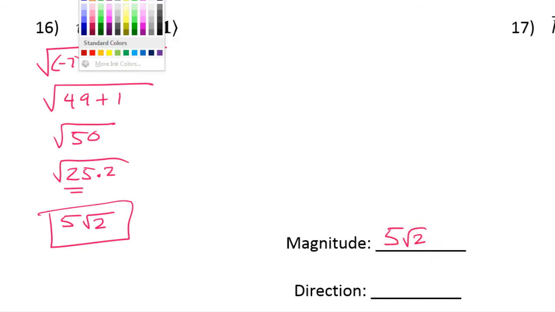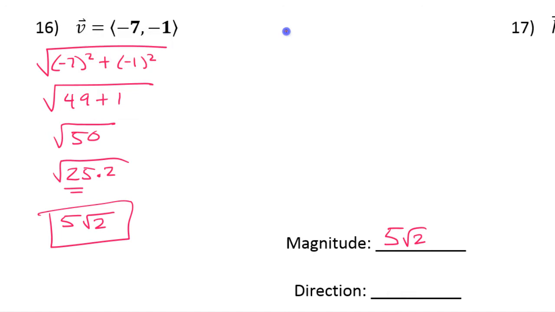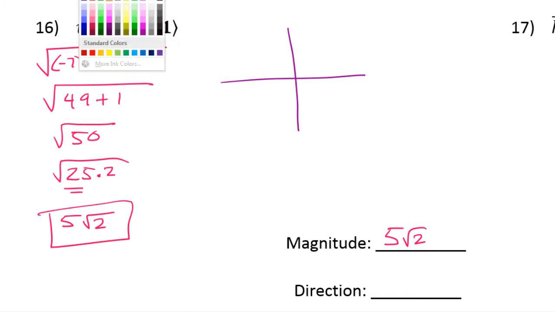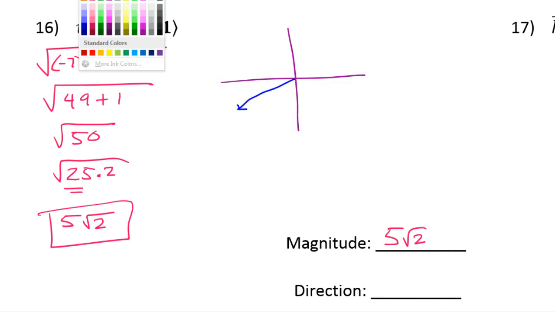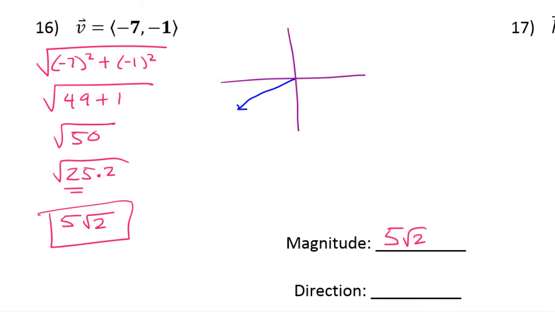Okay, now for the direction. This vector goes left and down. So that's going to put it in the third quadrant. So I'm going to draw a vector in the third quadrant like this. So this is left 7 and down 1. Alright, this is the reference angle that we can find.